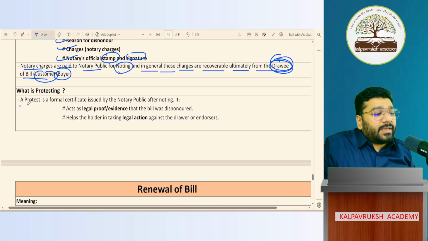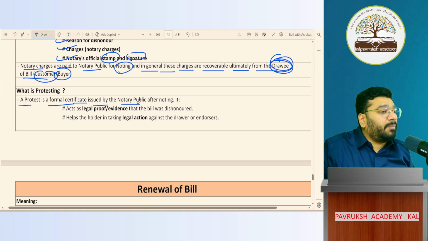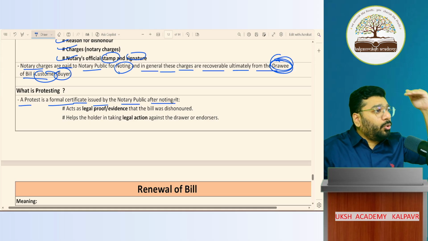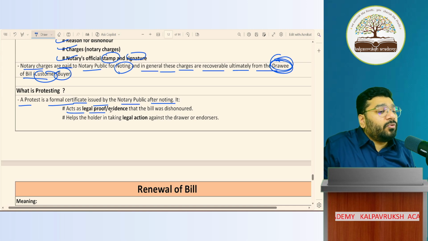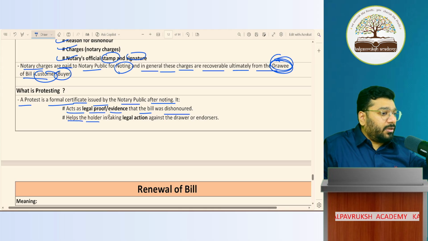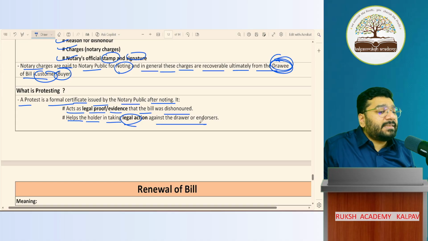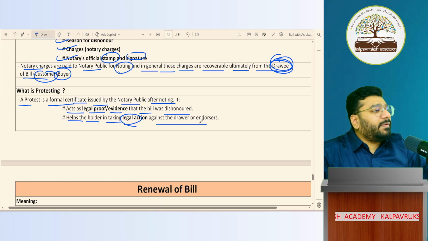What is protesting? Protesting is a formal certificate issued by the notary public after noting. So after noting all the facts, an official certificate is issued. It acts as legal proof or evidence that the bill is dishonoured, and helps the holder of the protest in taking legal action against the drawer or the endorser, whatever the case may be.